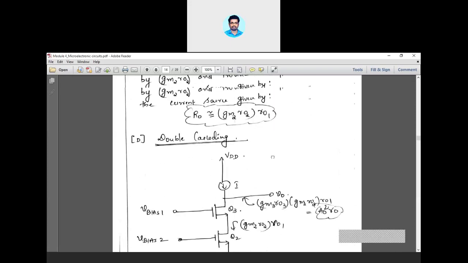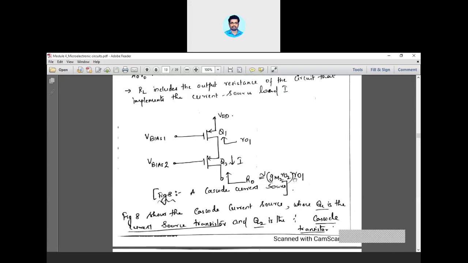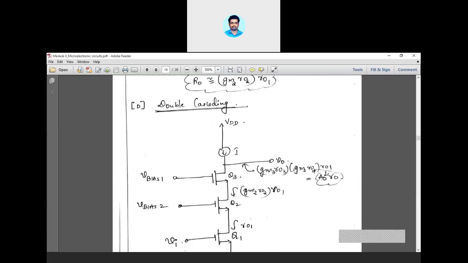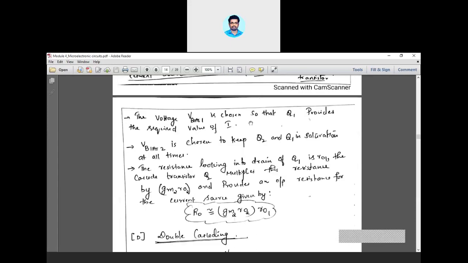So when you compare the previous case and the present case, the difference is that earlier you had only an output resistance equal to A0 into R0, but here you have A0 square into R0. So that is the benefit of double cascoding. Double cascoding is able to provide an output resistance A0 times that of the typical cascode current source.